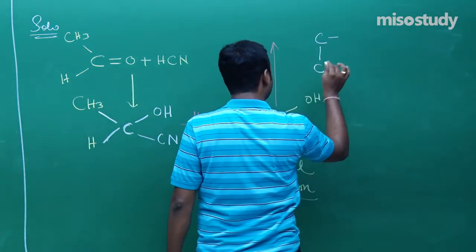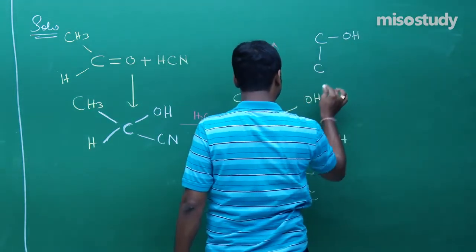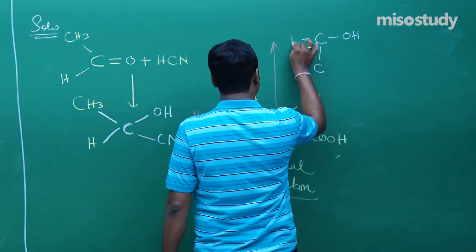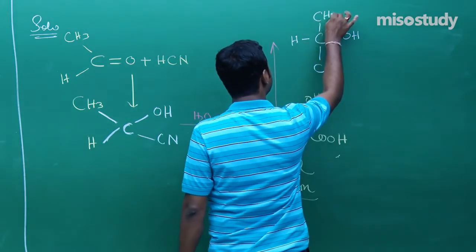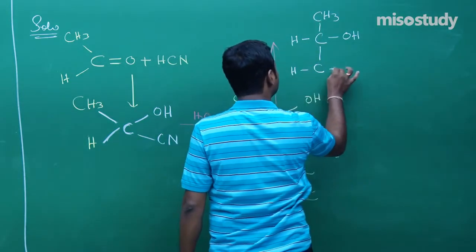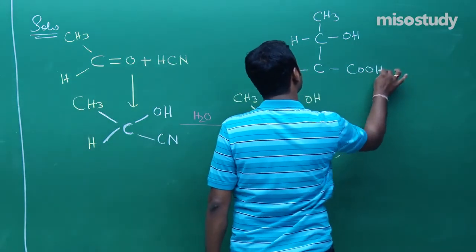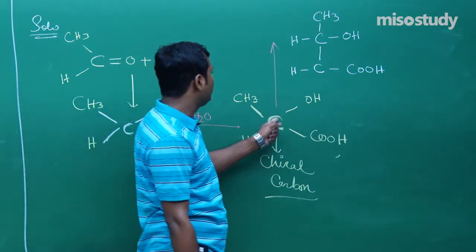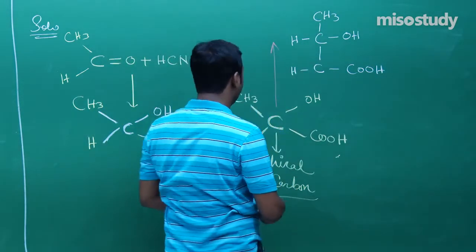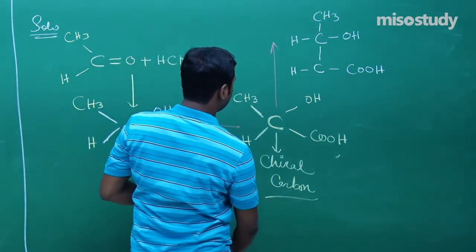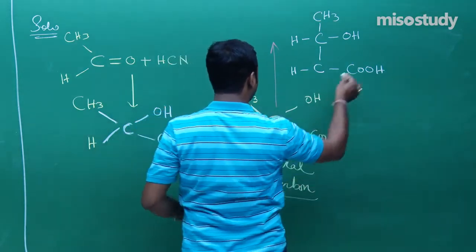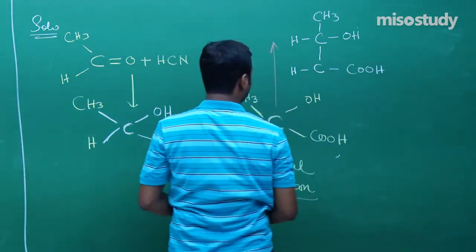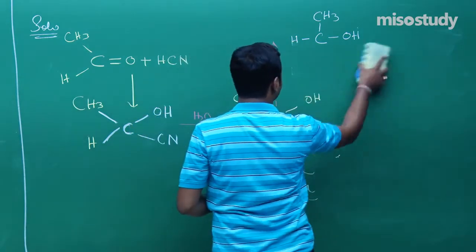There is C. Here is OH. Clear to you? That's one. This one is CH3. Now this one is H, and this one is COOH. Wait for a moment. Check it out. C, then CH3. Okay. Now CH, one form OH, 2 carbon. Okay. Wait for a moment. So sorry.